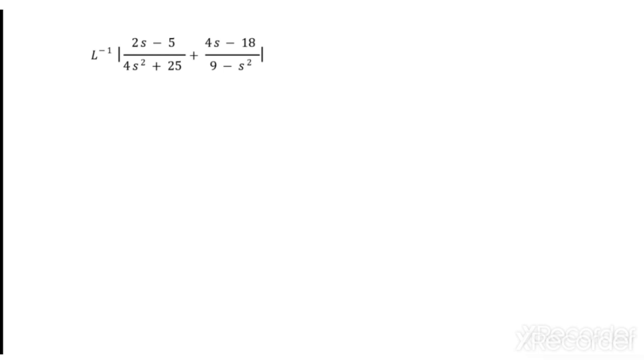Let me take one more problem here. That is L inverse of 2s minus 5 by 4s square plus 25 plus 4s minus 18 by 9 minus s square. So just observe the denominator here. One denominator is of the type s square plus a square, and the other is of the s square minus a square type.